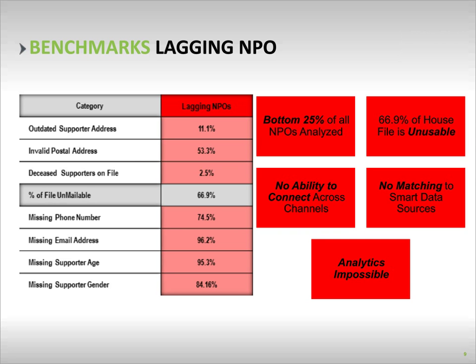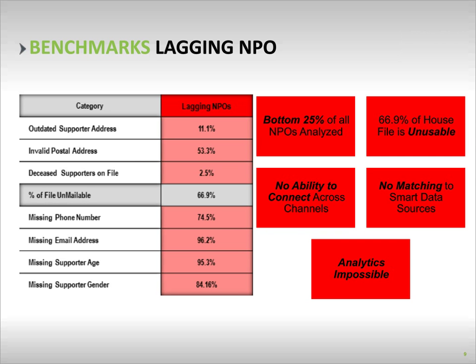So they're really struggling, probably from a fundraising perspective, but also from a data hygiene perspective. They're really struggling to do anything about it. So they really need to dig in, do deep analysis of their data, and really get their data to a point where they can actually leverage it both from a fundraising and from an analytics or a matching point of view. The story gets worse when you start looking at some of the other statistics.